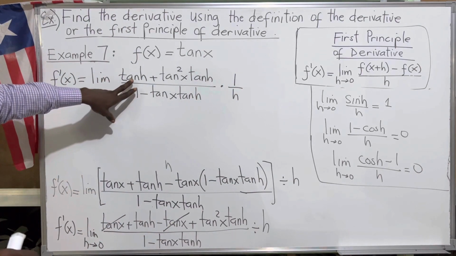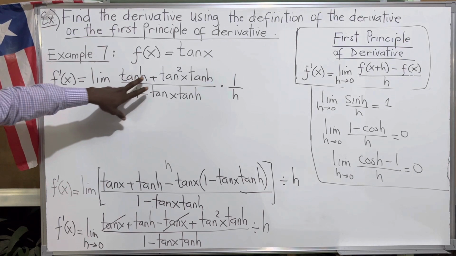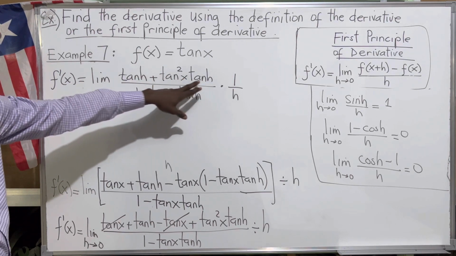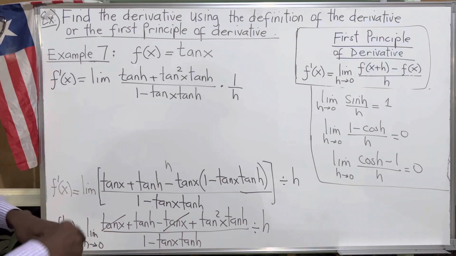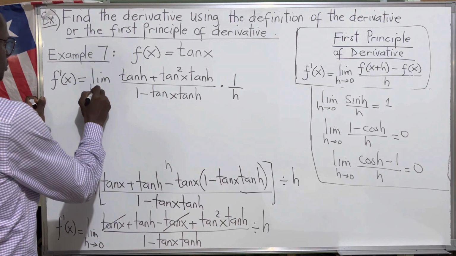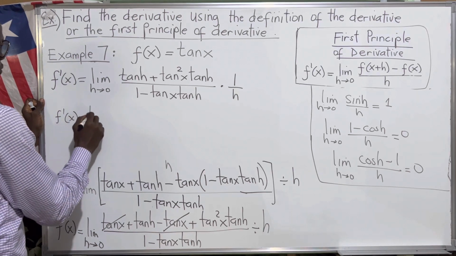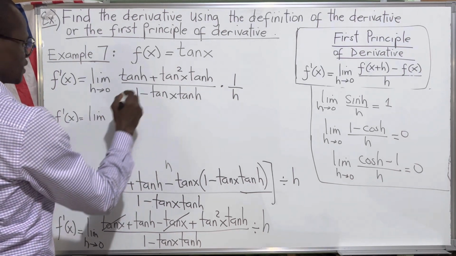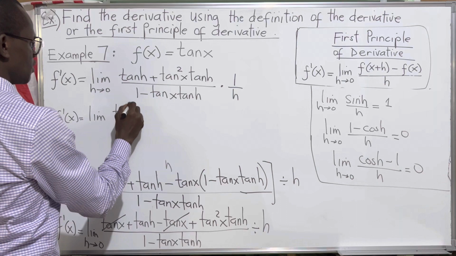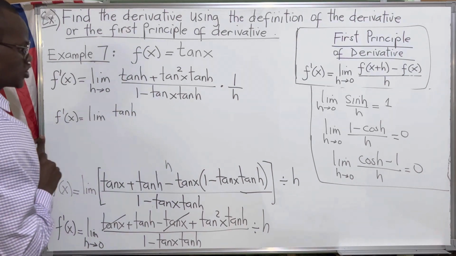What do we observe? There are some similarities, so we can do some factoring. f prime of x equals the limit, and we factor out tangent of h.